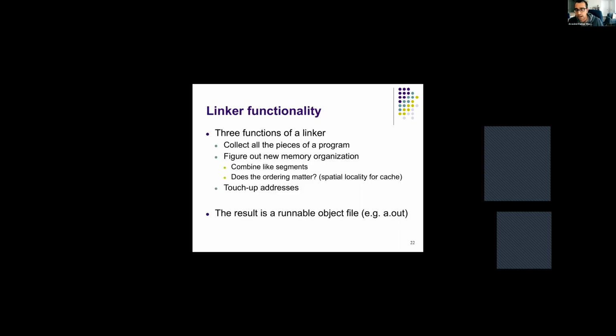First it needs to collect all the object files that are given to it, and figure out all the information present in them. It needs to figure out the final memory layout of the executable that it is about to generate, and combine all the segments from different object files. And finally, once it figures out the final segments, it needs to touch up, basically fix all the relocation records. And the result is the nice executable that we get.